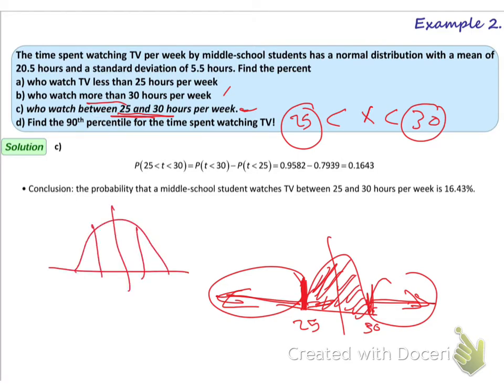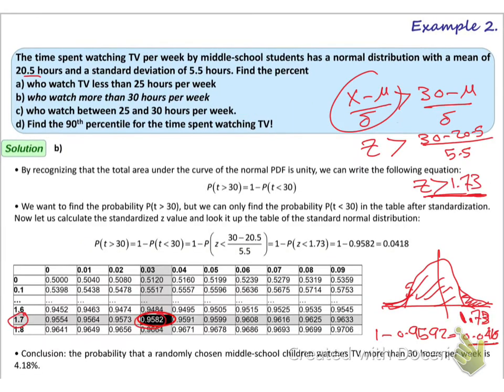I can get the probability which is less than 30 from the normal distribution table, after converting it into Z. The answer of B I got from the table, which was this amount, and C was this amount.